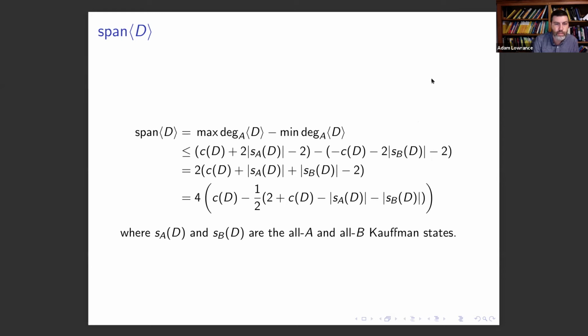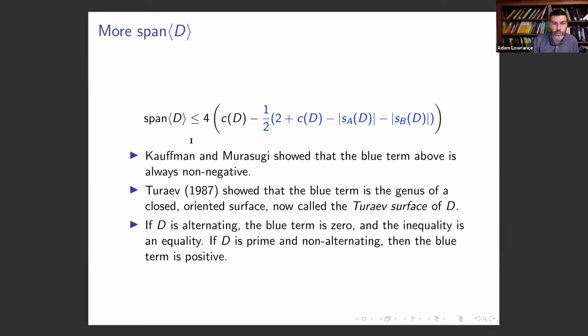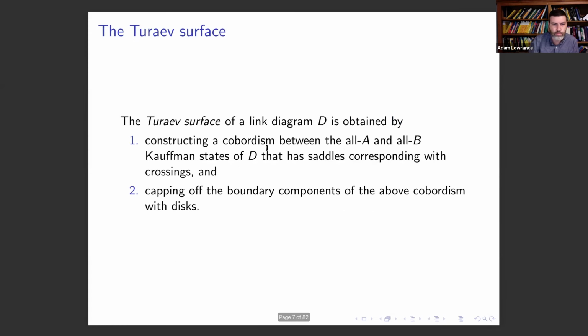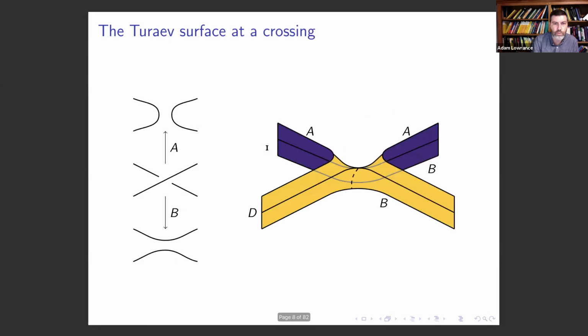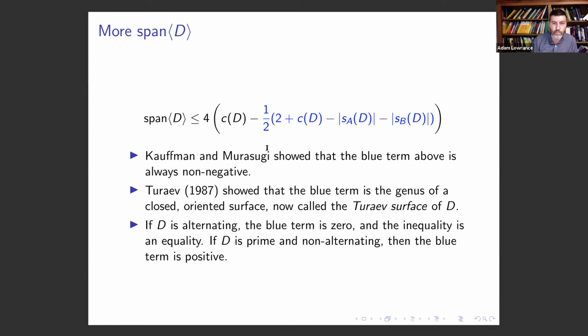Okay. And so Kauffman's proof, and to a certain extent Murasugi's proof, although it wasn't exactly lined up like this, takes this blue term that we have here and proves that it's always non-negative.